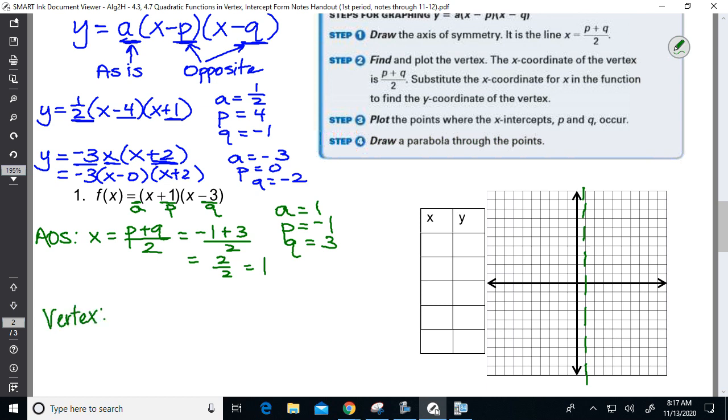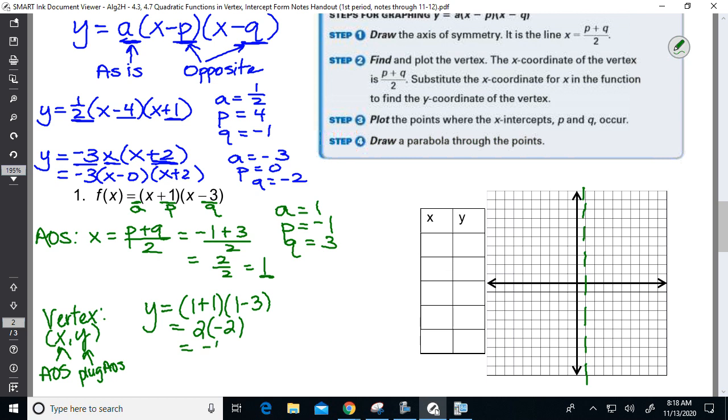Vertex. Remember, your vertex is an x and y point. The x value is the axis of symmetry. The y value is what you get when you plug in the axis of symmetry. So we're going to take 1 and plug it back into the function. 1 plus 1, which is 2, times 1 minus 3, which is -2, so 2 times -2 is -4.